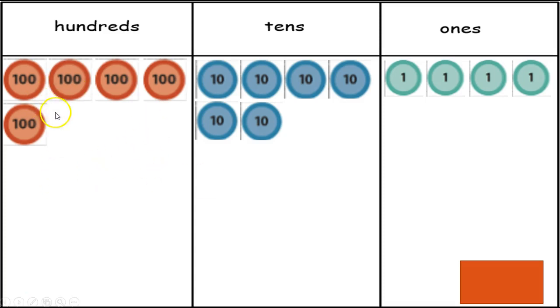I counted hundreds, 100, 200, 300, 400, 500, and then I counted tens, so 500, 510, 520, 530, 540, 550, 560, and then I went and counted by ones. 561, 562, 563, 564. And I wrote down my answer as 564. Is that the same answer you got?